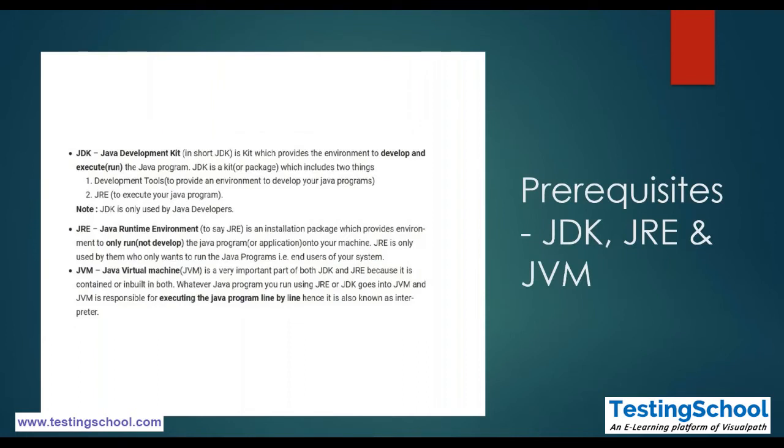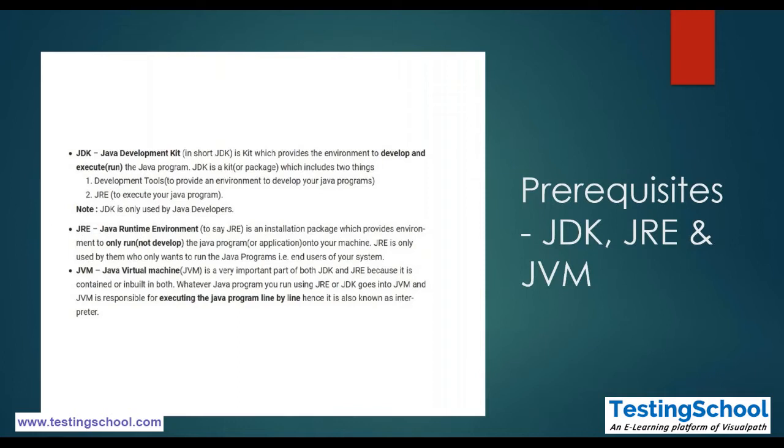Coming next to the prerequisites of JMeter. For JMeter installation, you need JDK and JRE. What is JDK? JDK stands for Java Development Kit. It is needed whenever you want to develop any Java program and run it. It is basically used for Java program development and it is used by Java developers.